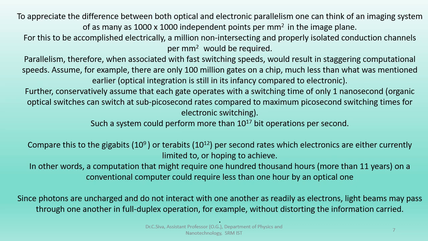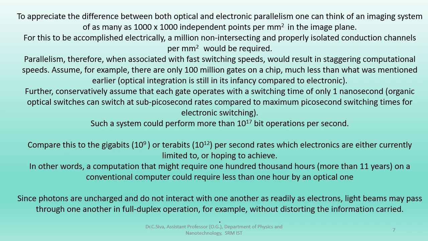Very scary here. Let's assume, for example, there are only 100 million gates on a chip, much less than what was mentioned earlier. Further, conservatively, assume that each gate operates with a switching time of only 1 nanosecond.